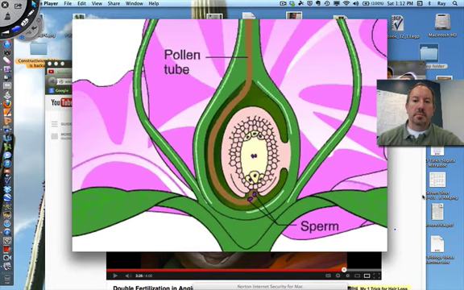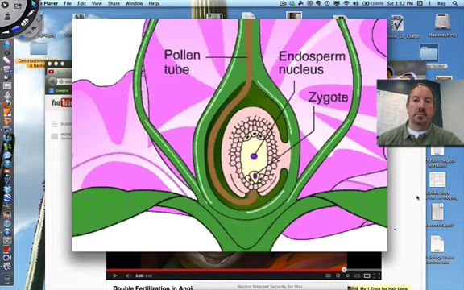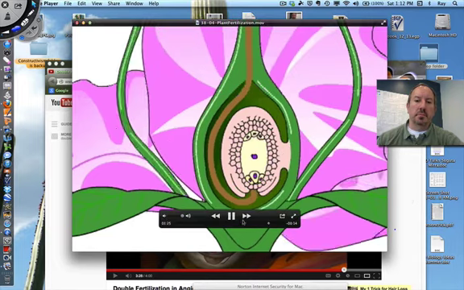It carries 2 sperm that enter the ovule. One sperm fuses with the egg cell to make a zygote, which is the first cell of the embryo. The other sperm fuses with 2 nuclei in the central cell, making a triploid nucleus. This triploid cell will grow and divide to make a food storing tissue, the endosperm.